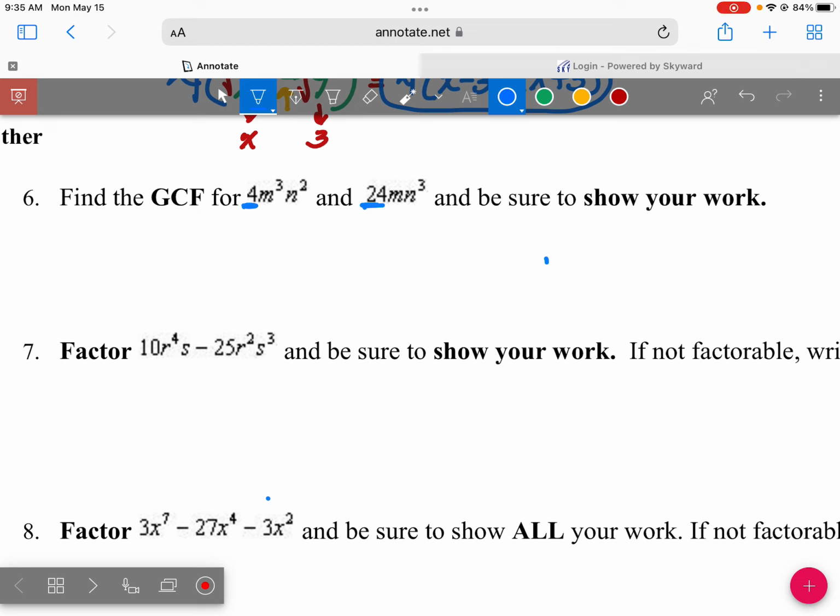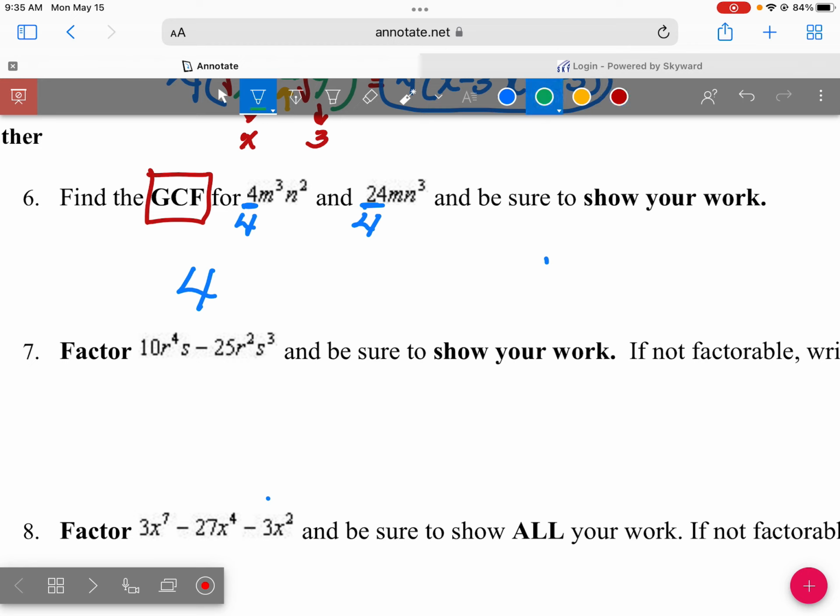What's the greatest common factor of 4 and 24? 4. Again, always check your smallest number of the two. 4 divides into 4, 4 divides into 24. And here, they're just asking for the greatest common factor. I don't have to factor everything out, just the greatest common factor.